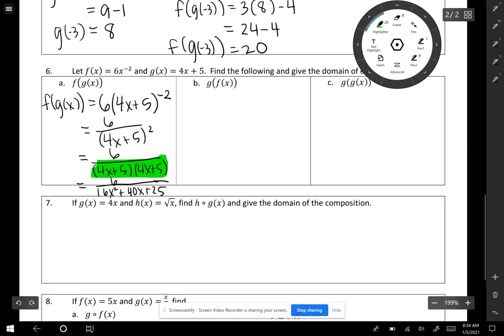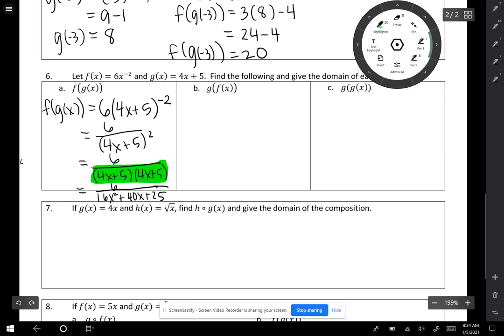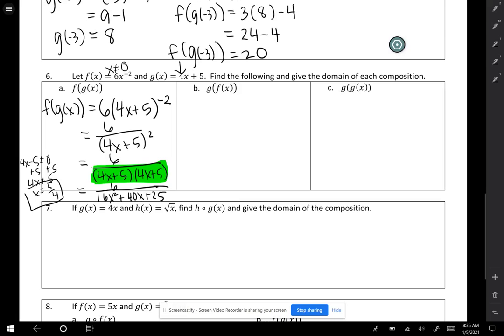Looking at that factored version, we know that 4x plus 5 can't equal 0 because then the bottom would end up being 0. So on the side here, I'm going to figure out if 4x minus 5 can't be 0, then x cannot be 5/4. So x can't be 5/4 is part of the domain.